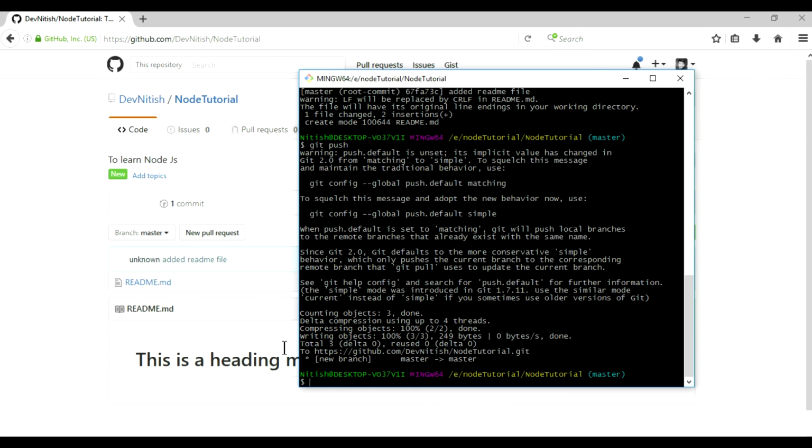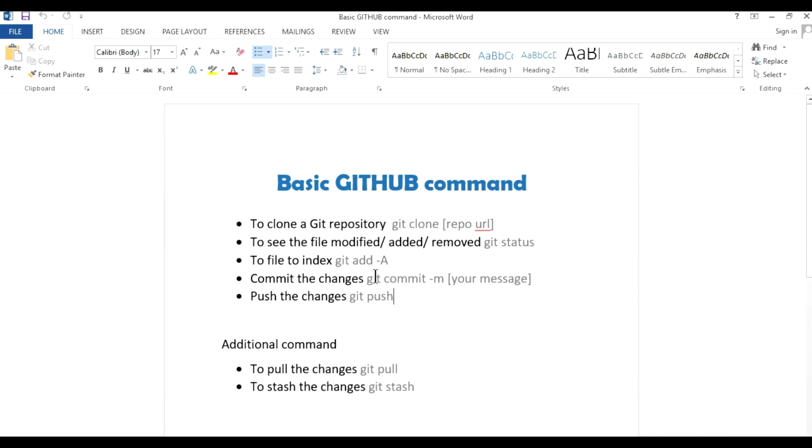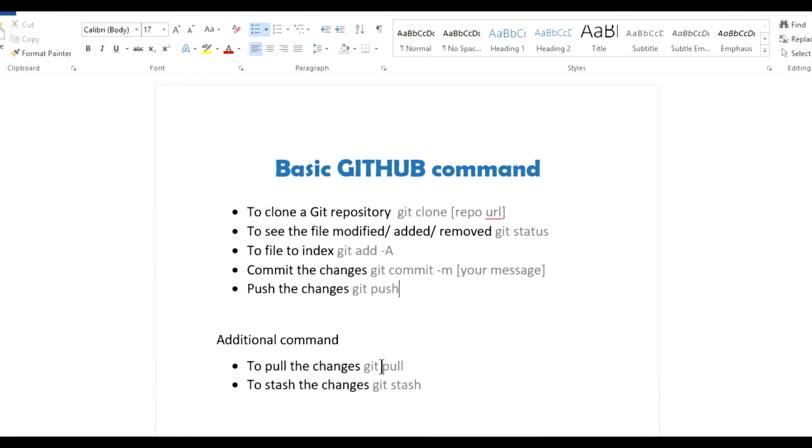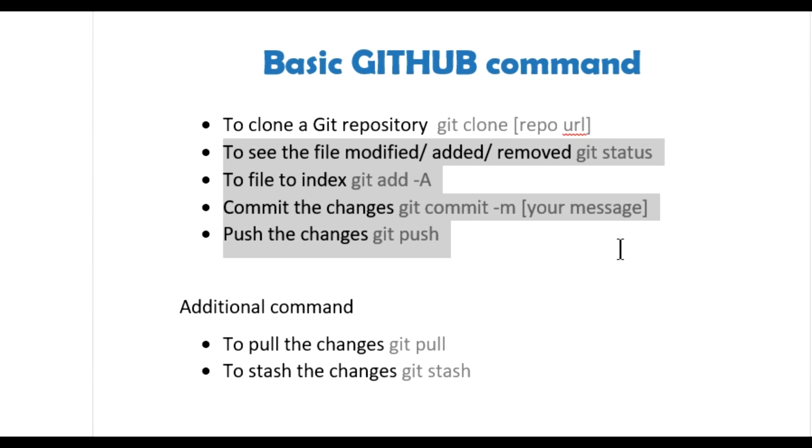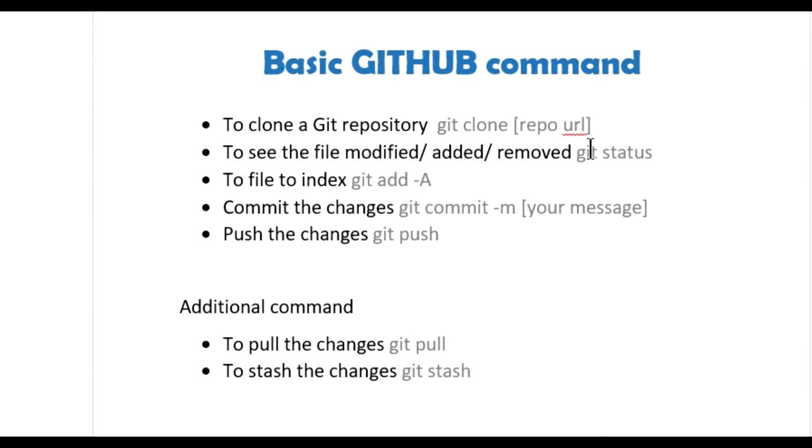And basically when you are working with GitHub, you have to use these 5 commands on a regular basis. These 2 commands are additional bonus commands, which I'll be covering in a future video. So anytime you make any changes or add any new file to your repository, you have to go through these 4 steps. First, type git status to see what changes you have made.